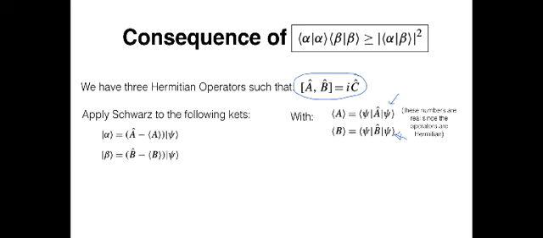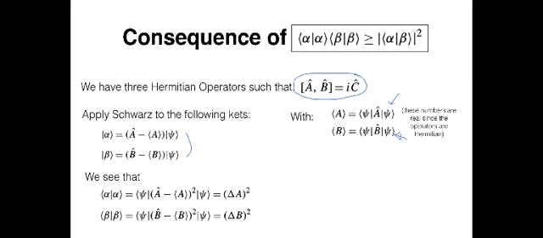Okay, now that we know the expectation values, we're going to introduce two kets, alpha and beta, that are simply written as this. Here, I can always write this. This is just a choice for the demonstration. And we see that this bracket alpha alpha is given by this term, and this comes from the fact that A is Hermitian, and same for beta.